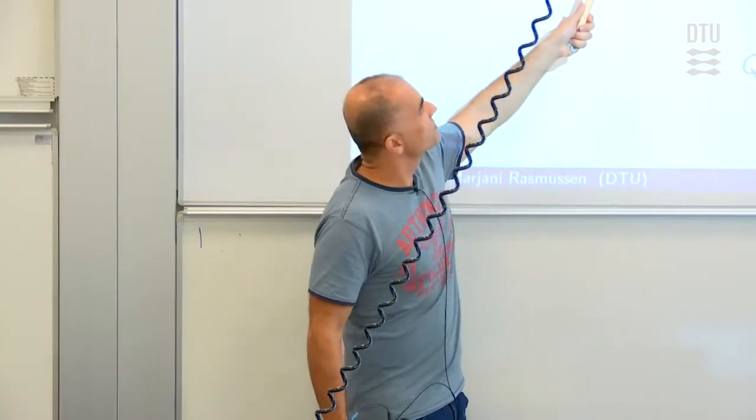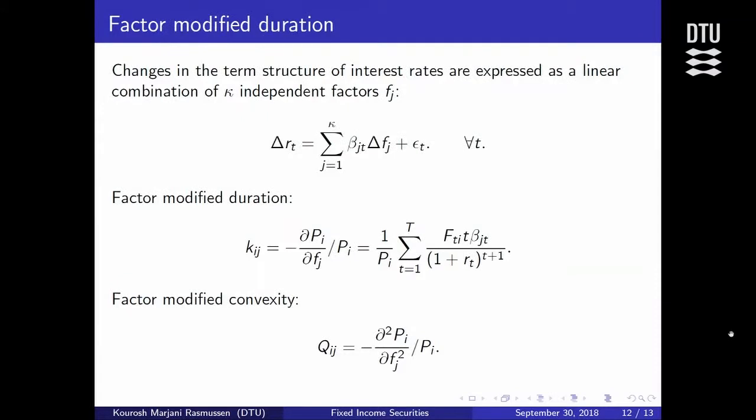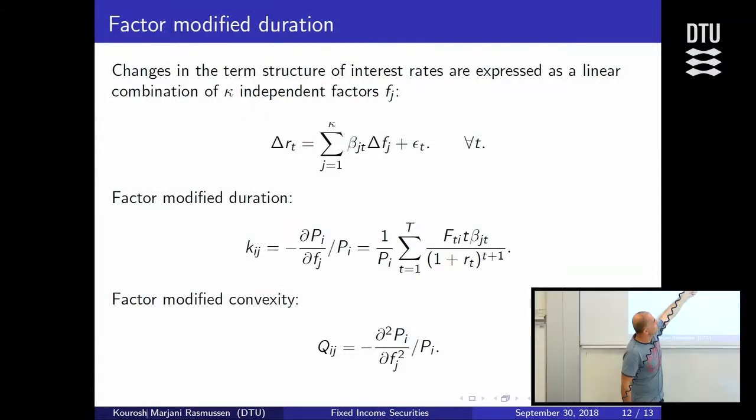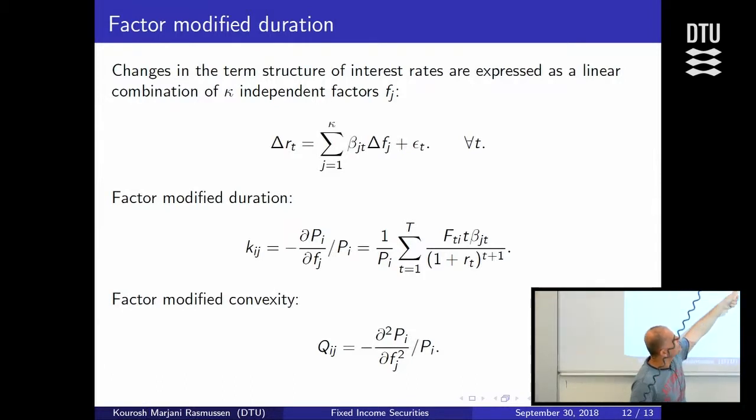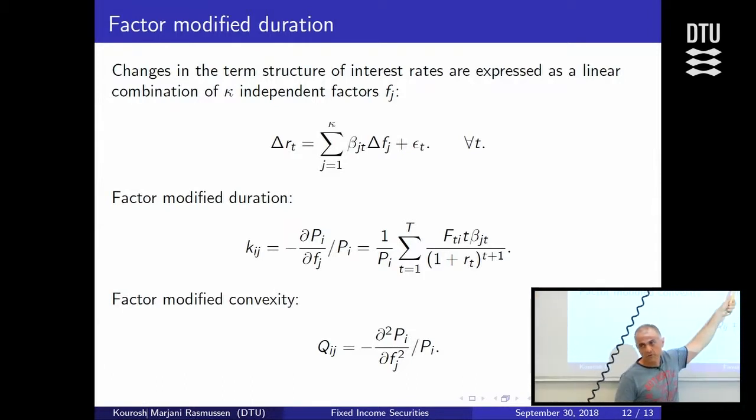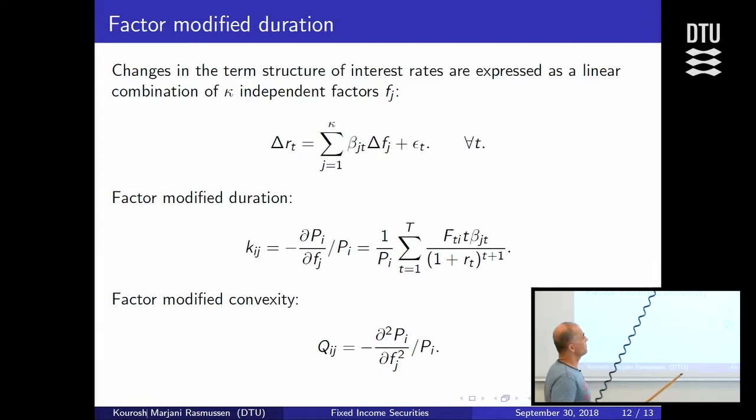In this case, we want to see the changes of any of these interest rates defined as a function of some factors, which are your principal components, multiplied by some weights for those factors, and with some error term, right?